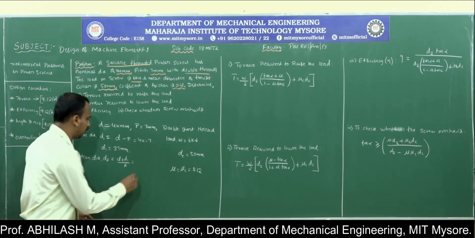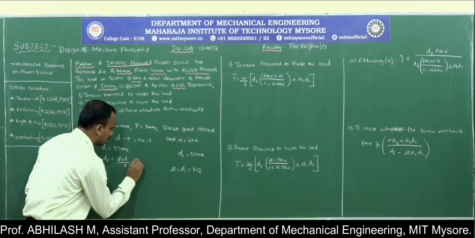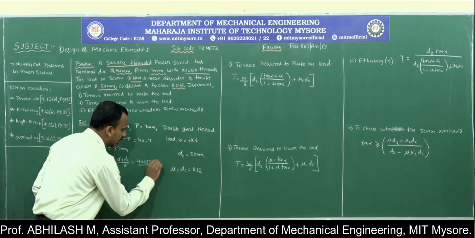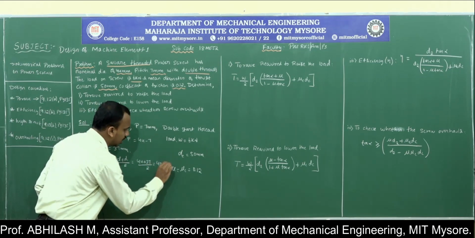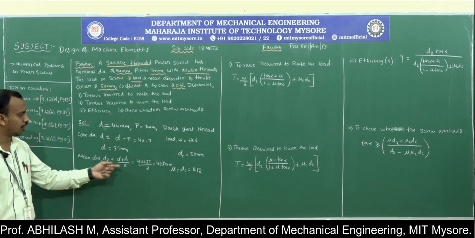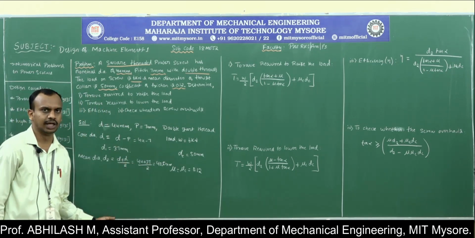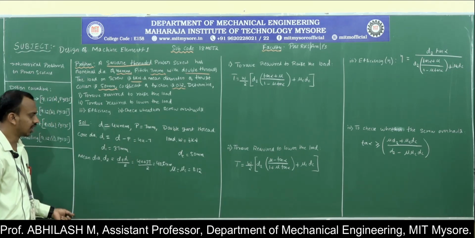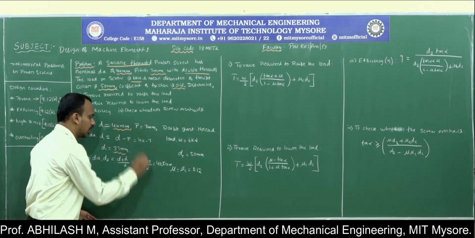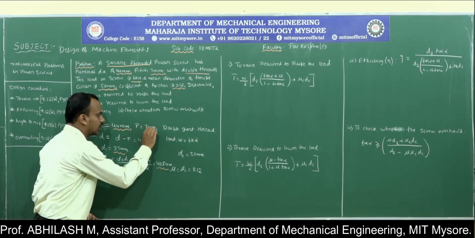So if I do D plus D1 divided by 2, which is 44 plus 37 divided by 2, it is 40.5 millimeter. So the D2 value is 40.5 millimeter. Next, what is the thing we are supposed to calculate? So there are three diameters. I know the three diameters. I know the pitch as well.